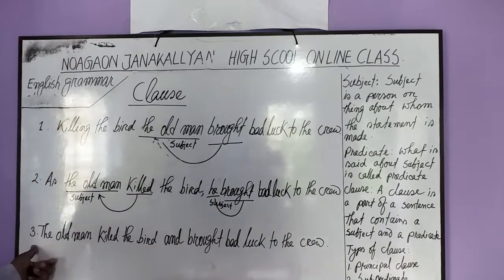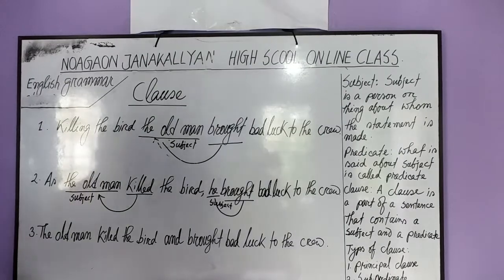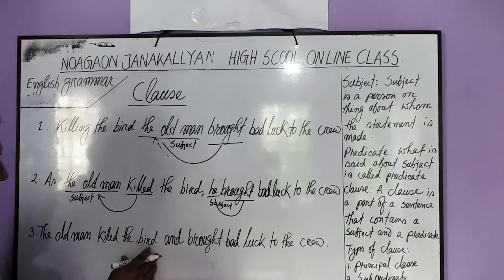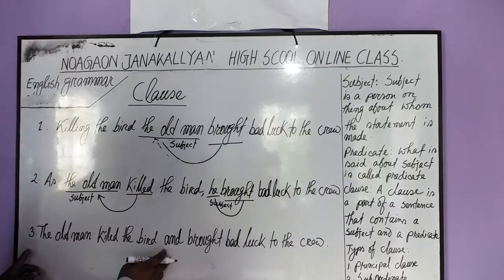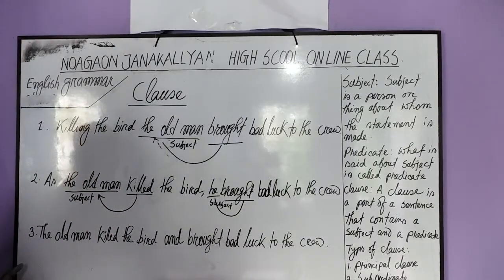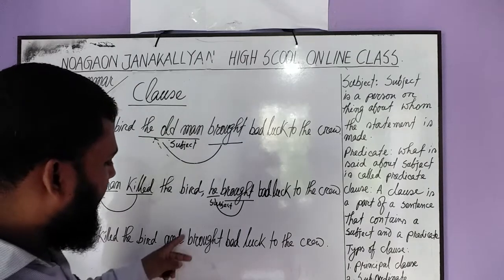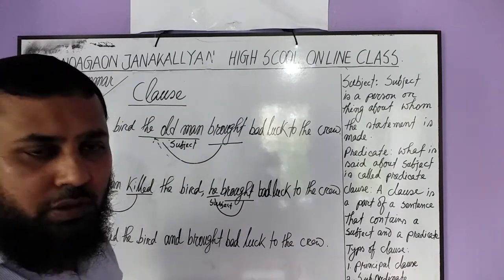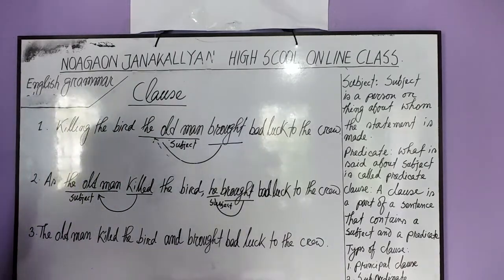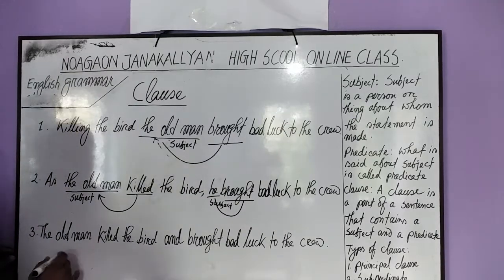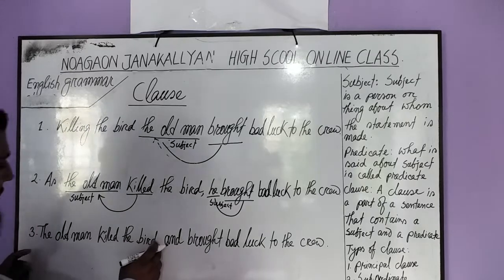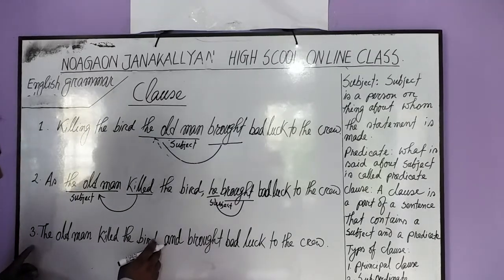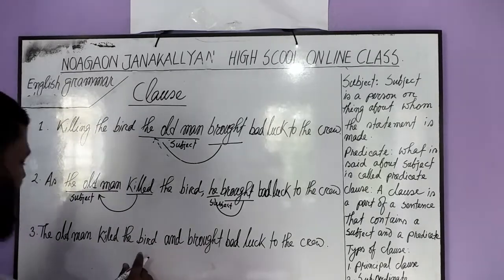Okay. Our third sentence: the old man killed the bird and brought bad luck to the crew. বৃদ্ধ লোকটি পাখিটিকে হত্যা করেছিল এবং নাবিকদের প্রতি দুর্ভাগ্য বয়ে এনেছিল। Dear learners, the first part is the old man killed the bird.